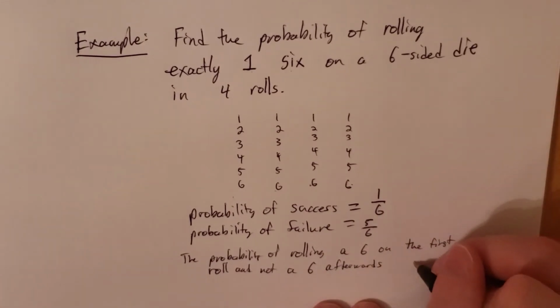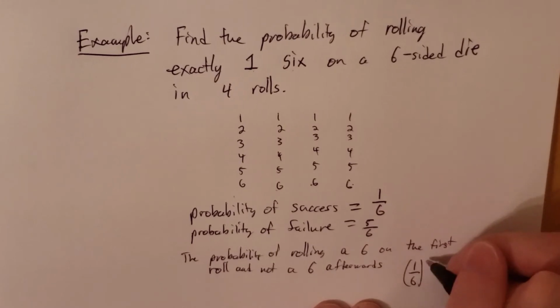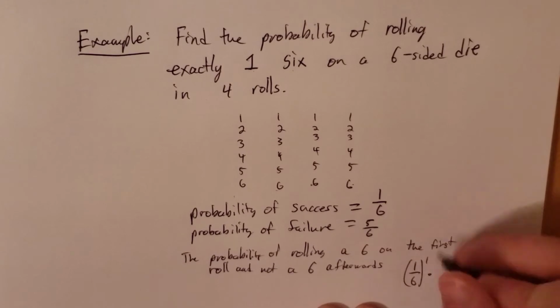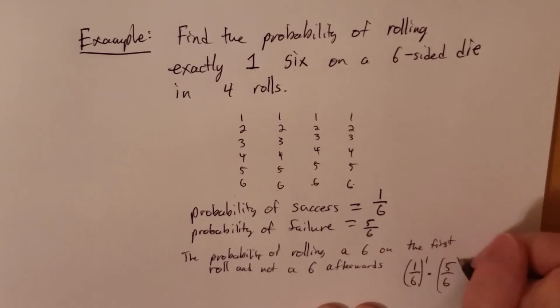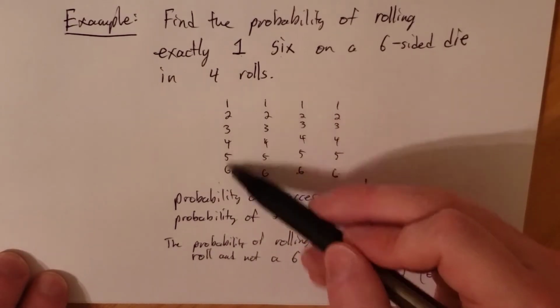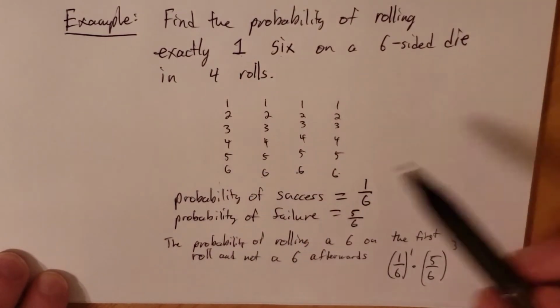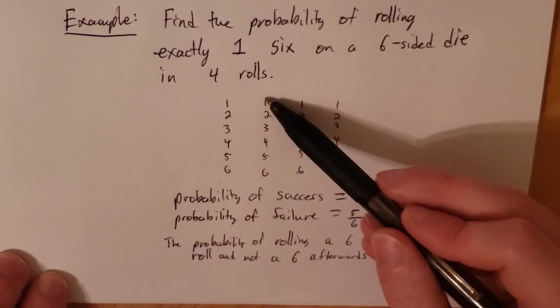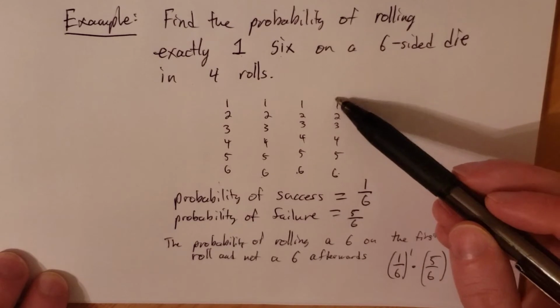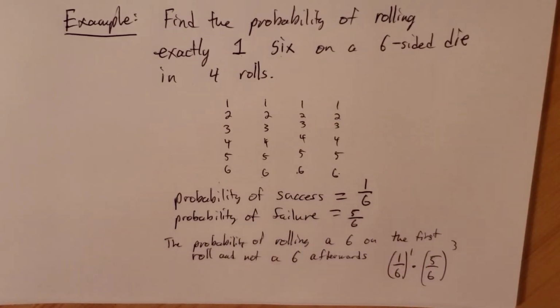That probability is 1/6 raised to the first power times 5/6 raised to the third power. Because the probability on the first roll is 1/6, and then the probabilities on the last 3 rolls are 5/6 that we do not roll a 6. And there are 3 of those. So to find that probability, we just multiply. 1/6 times 5/6 times 5/6 times 5/6.